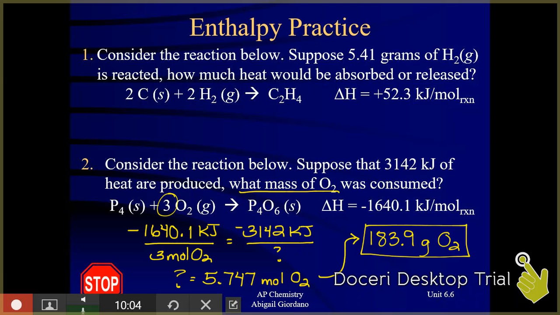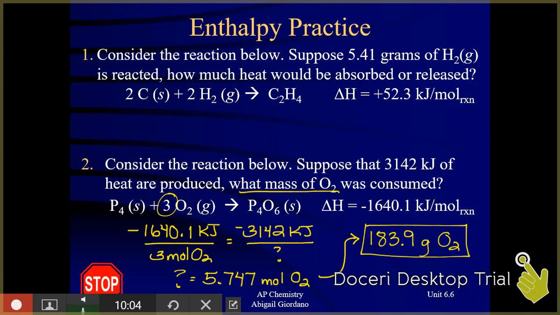The new heat value that we were given, 3142 kilojoules, it said is produced, so I went ahead and made it negative. I did my cross multiplication, and what comes out for that question mark, remember it's going to be the same unit as the other denominator, was moles of O2.